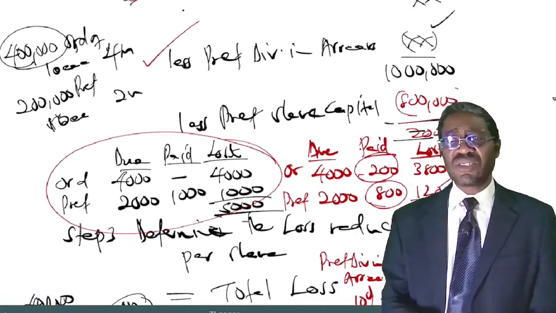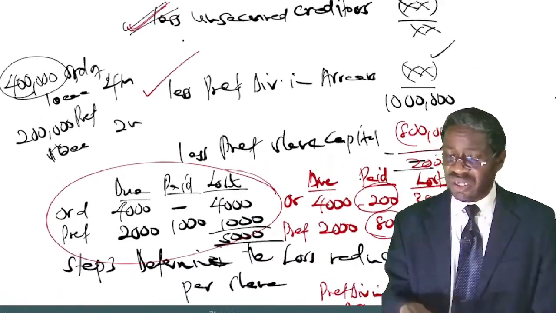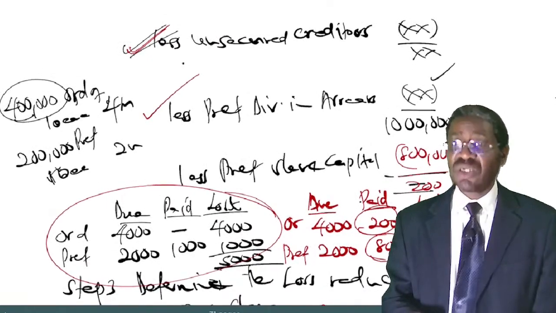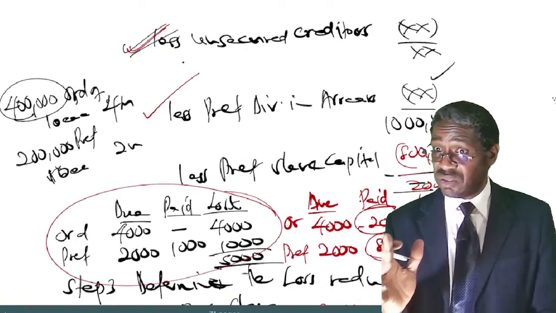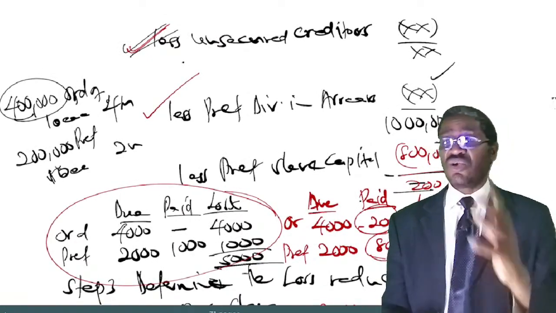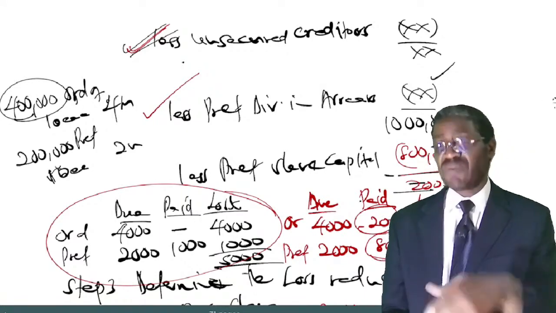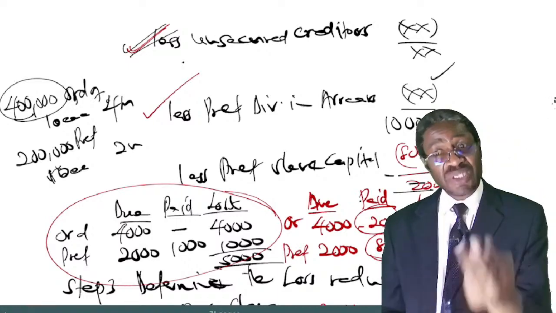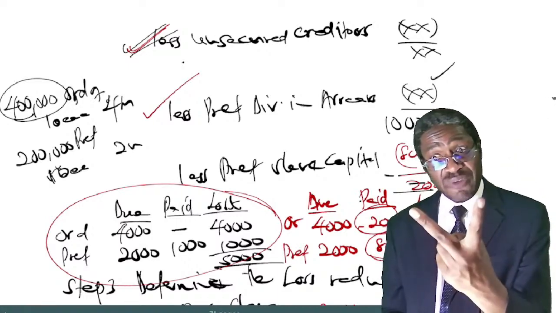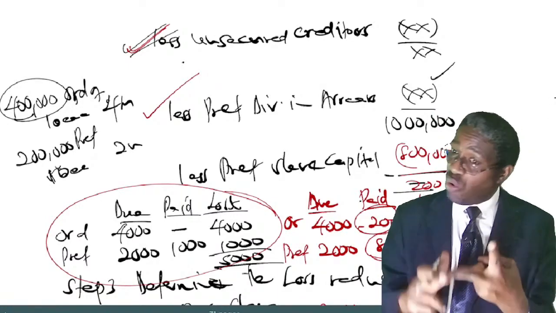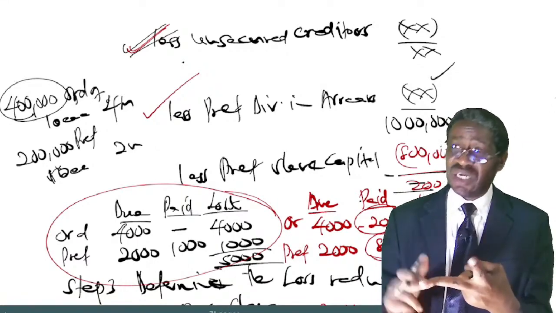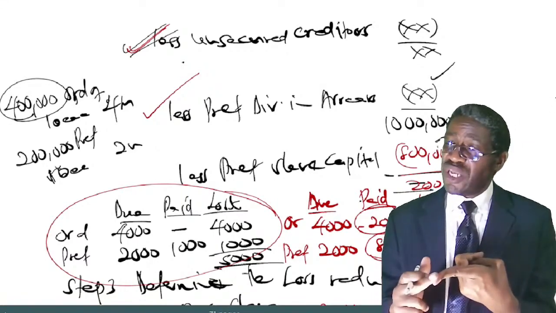After you pay the unsecured creditors and money was still remaining, then we talked about you now have to pay the shareholders. With the shareholders, I told you, your company could have ordinary shareholders or preference shareholders. You remember, I said for preference shareholders, there could be two things you owe them. One, you could be owing them their dividends that are still in arrears. And two, you owe them their share capital.